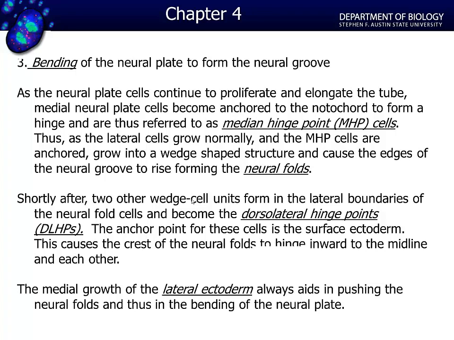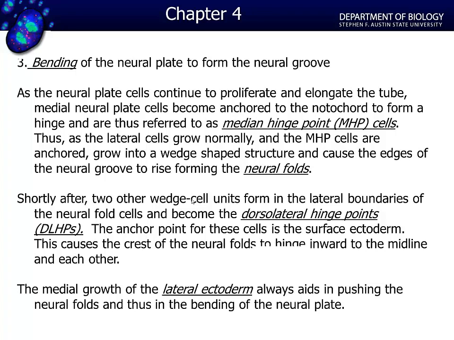Now, once we form our neural plate, these cells get taller on either side. We're going to have the bending of the neural plate, and this is going to form our neural groove. This is going to be a lot like the primitive streak, just on a much larger scale. So along the very median plane of our neural groove, we are going to have an anchorage point, and these cells are going to be called median hinge point cells.